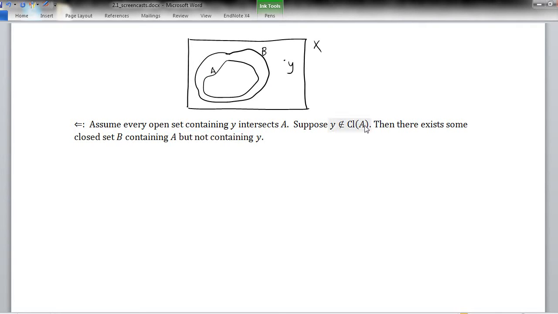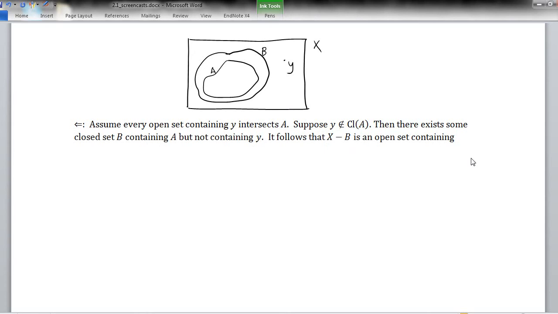All right. Well, what we know has to do with open sets, and B is closed. So we should probably look at the complement of B. All right. So it follows that the complement of B is an open set, and, well, we said that B does not contain Y, so its complement does, right?